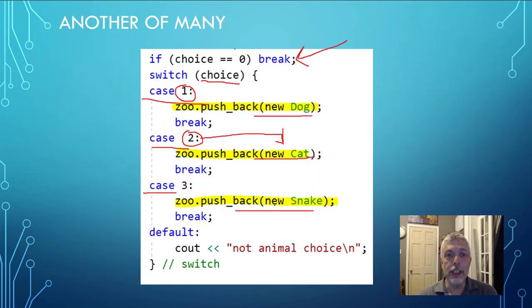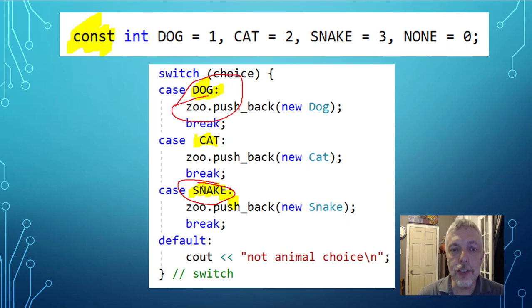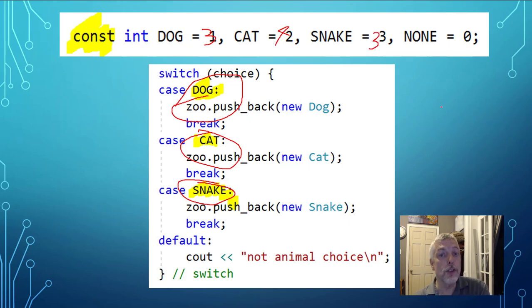In fact, if I change those numbers, going back to the case statements, this works automatically if I use those constants instead of numbers inside the switch statement for the cases. So I could make this 31, 42, 33. It doesn't matter what numbers I use. My program is a little more robust, a little easier to deal with, I hope.